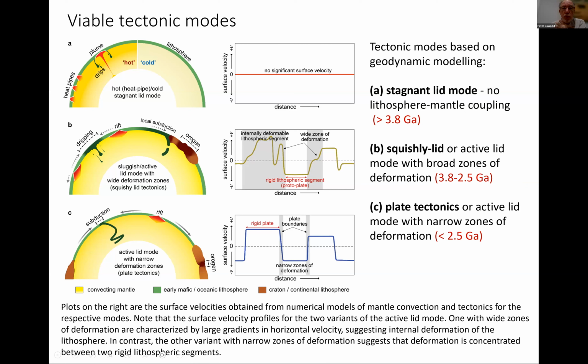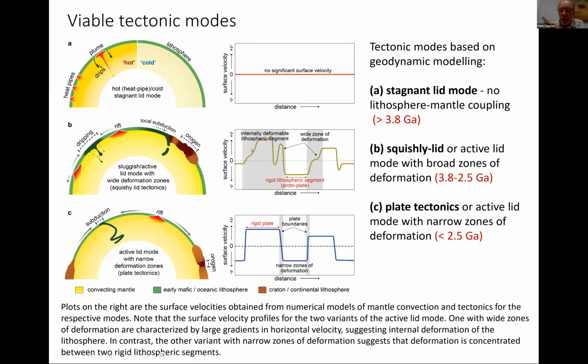Now, in between, I've shown here what I refer to as a squishy lid mode, in which you have some coupling between the mantle and the lithosphere, but the lithosphere isn't rigid. So you get broad zones of deformation, essentially corresponding to protoplate type boundaries, and the velocity of the plates internally is variable. What does that mean?